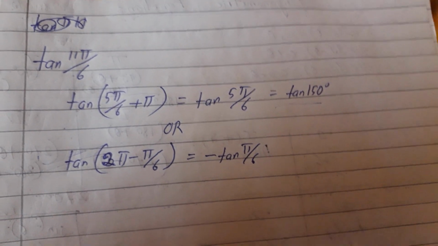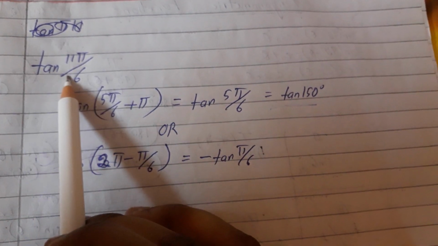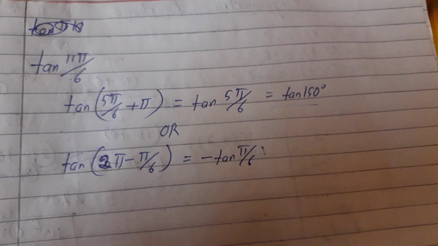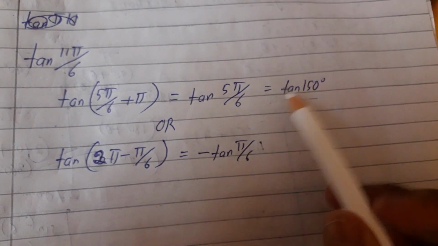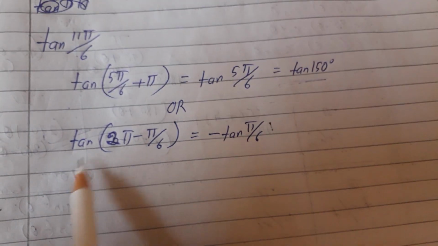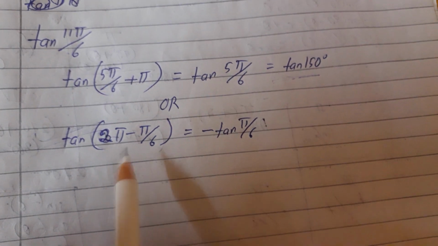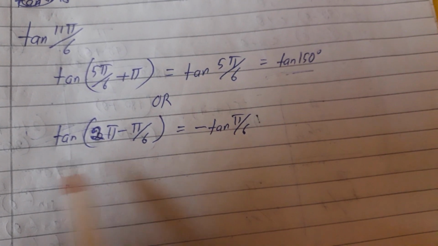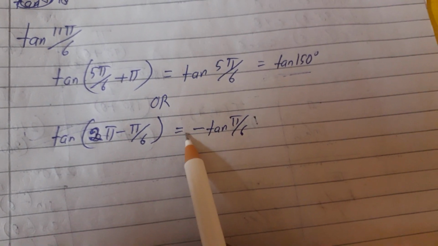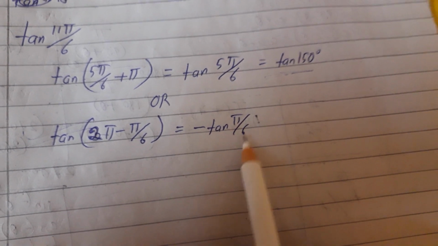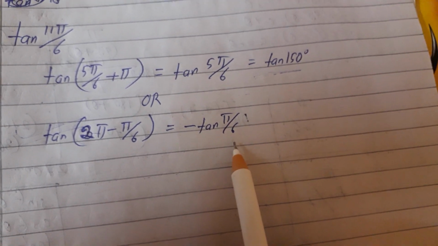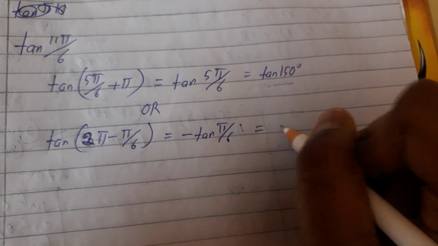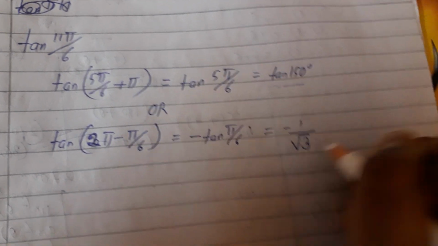But when the question is given in the form of pi, you have to solve only in the form of pi, okay, not degree. But see, if you write this 11 pi by 6 as 2 pi minus pi by 6, then you see simply it came minus tan pi by 6, that is minus tan 30 degree. Okay, so here the answer will be minus 1 by root 3.